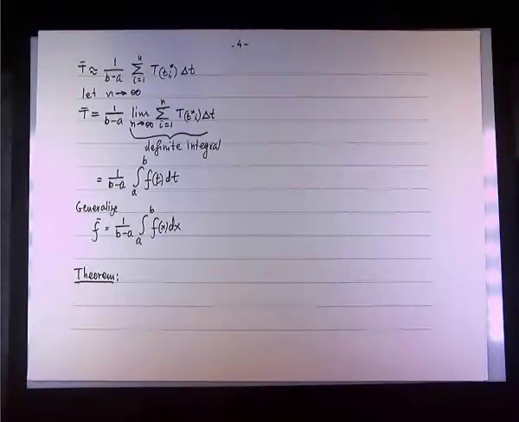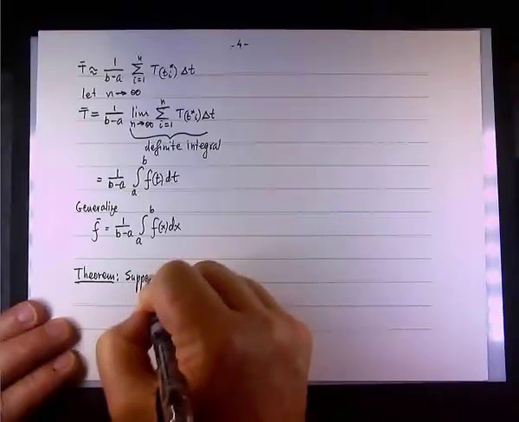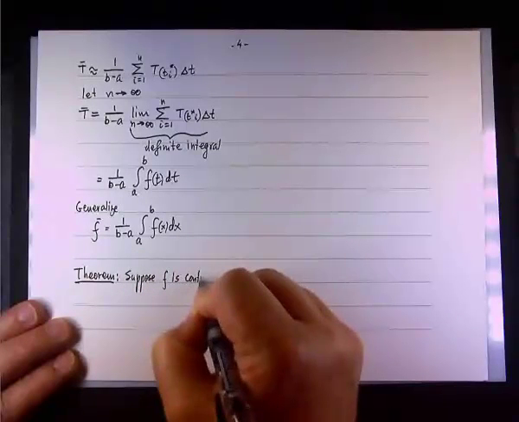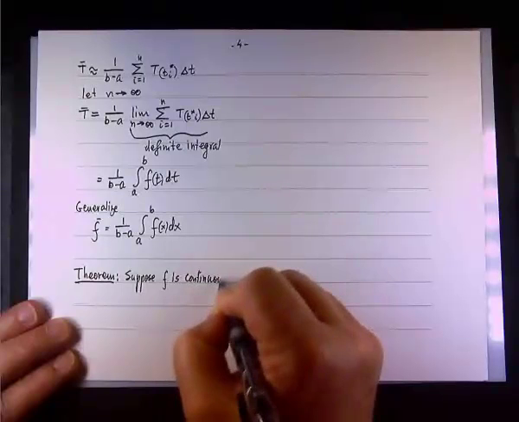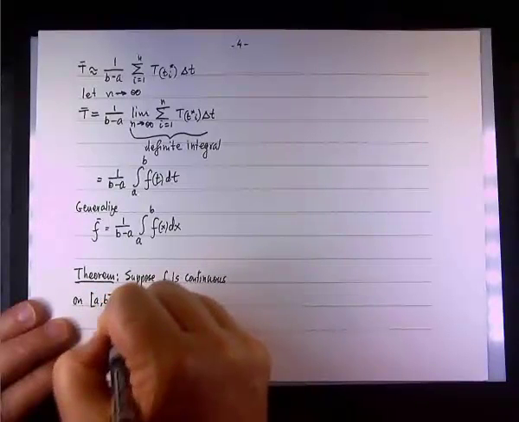And if you want to write it as a theorem, what we did really is we just proved the theorem. So in terms of a theorem, we can write the following. Suppose f is continuous on the closed interval a to b.